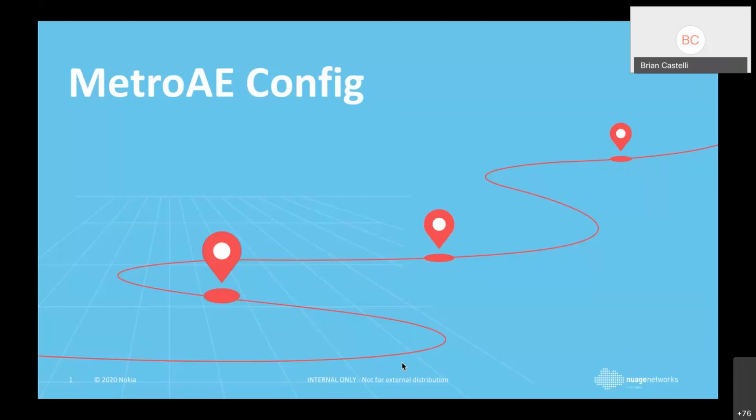Now on the line today, we have the whole MetroAE team. In particular, we have Mike, who's going to go through some slides and explain the MetroAE Config tool. We also will have Ishwar on the line, who will be doing a demo for us, so you can see the tool in action. I also see that we have Simon Fidian and Ben Niven-Jenkins on the line with us. Simon and Ben were instrumental in the development of this feature.